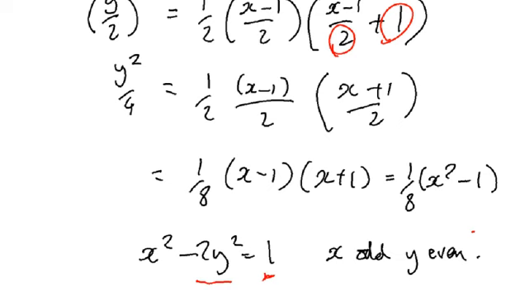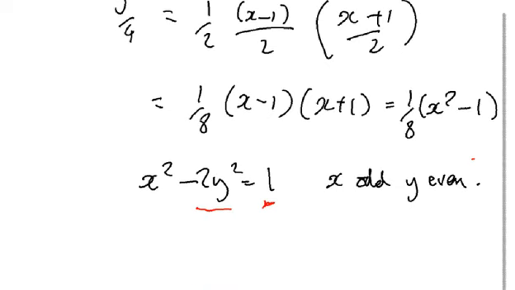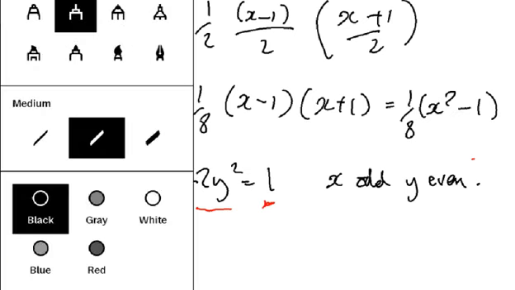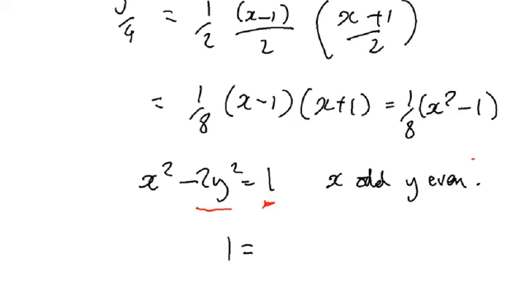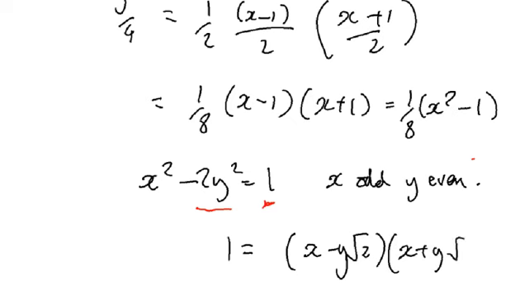Now, also the next thing to notice is, go back to black, that if I can sort of factorize this, I get 1 equals x minus root 2 y, x plus y root 2, like so. And if x and y are integers, well, I've now got this root 2.